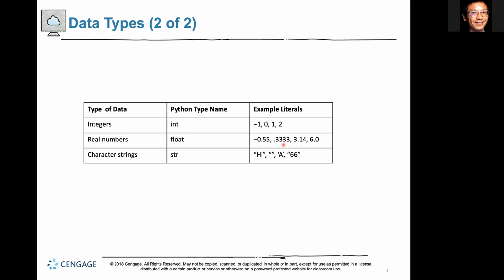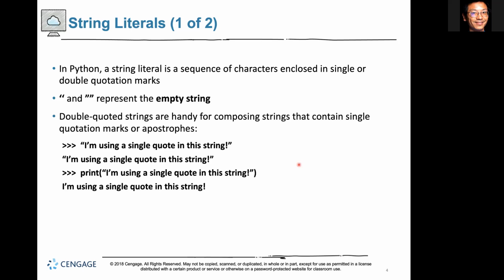Then you've got a very common data type that you have to deal with: the character strings, and the type name in Python is str. Here are some examples. You can use double quotes or single quotes; it doesn't make a difference. The second one here is an empty string.